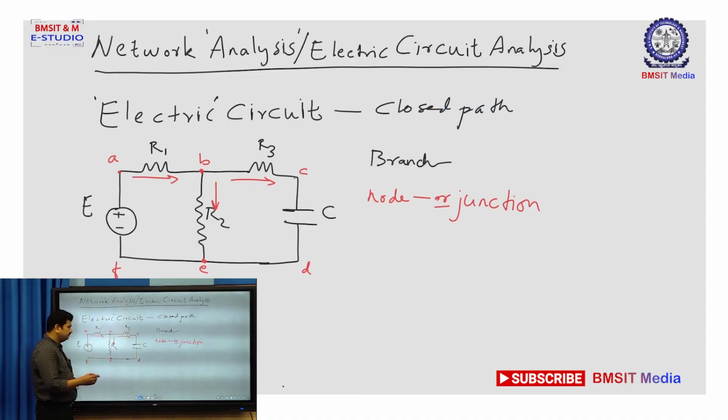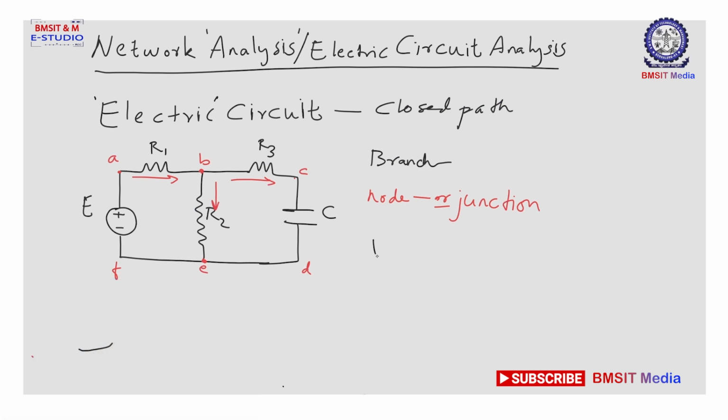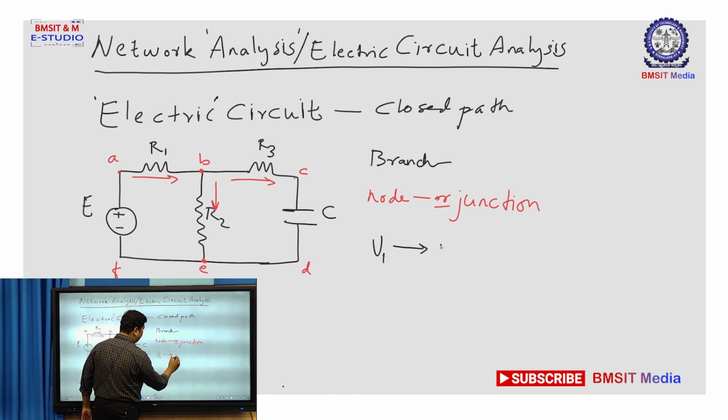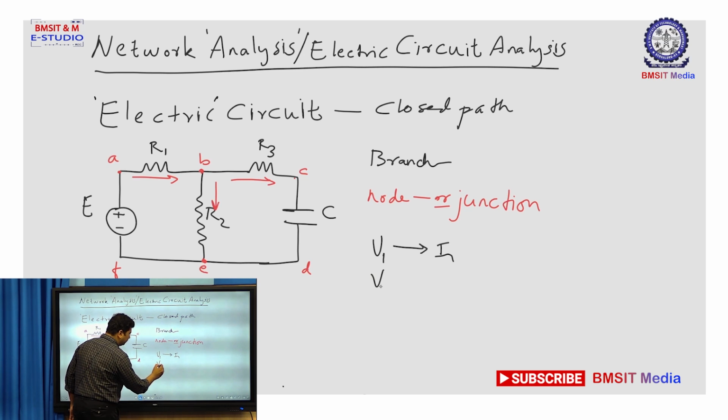Now, suppose voltage V1 is producing current I1, and voltage V2 is producing current I2.